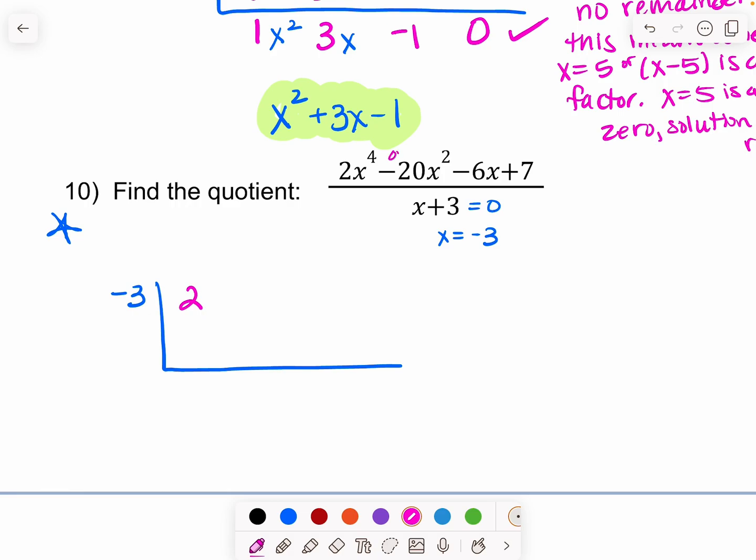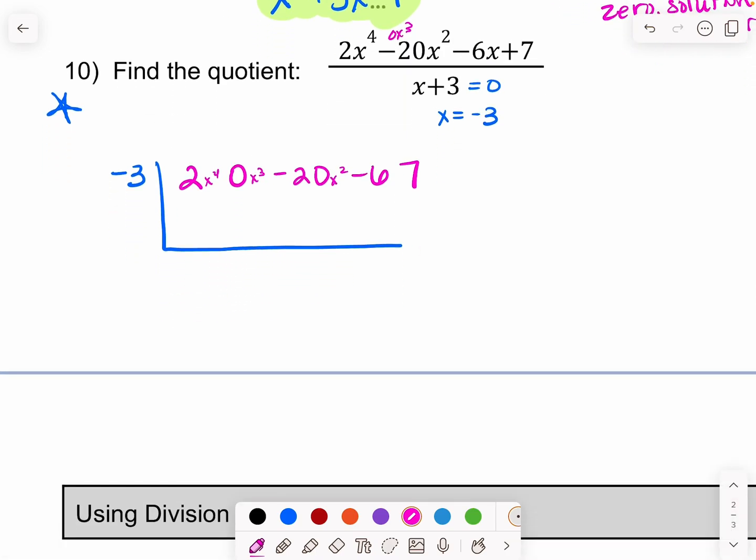But there are 0x cubes, so I need to put a 0 in there for x to the third. X squared is negative 20, negative 6, and then 7. Exponents go down in order. There's x to the fourth, x to the third, x squared.